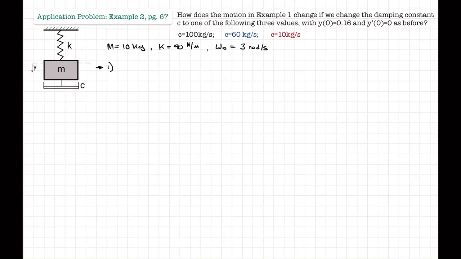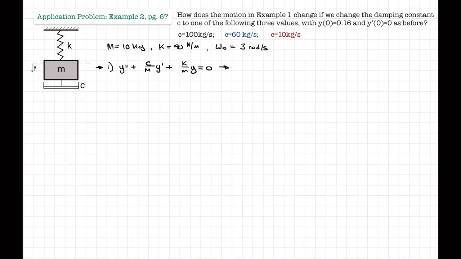So we'll have y double prime plus C over m y prime plus k over m y equals 0.